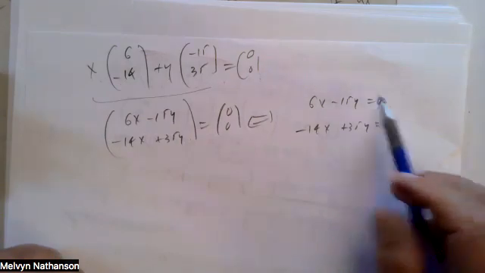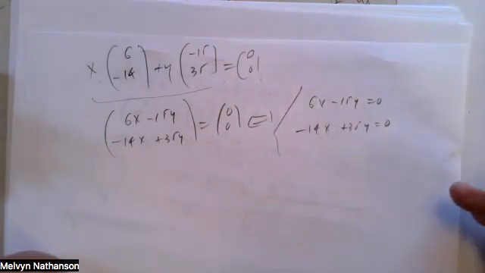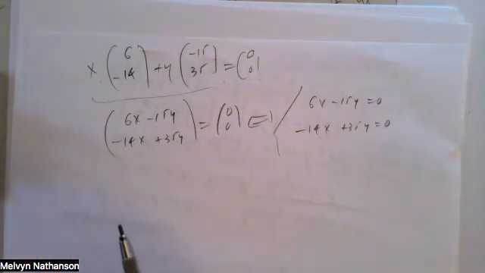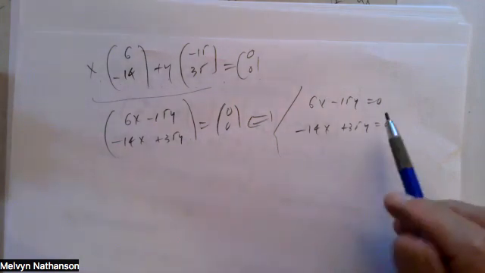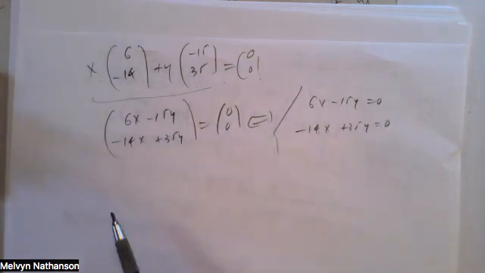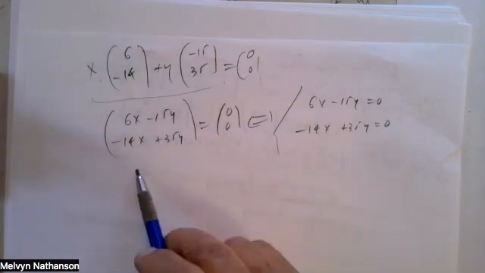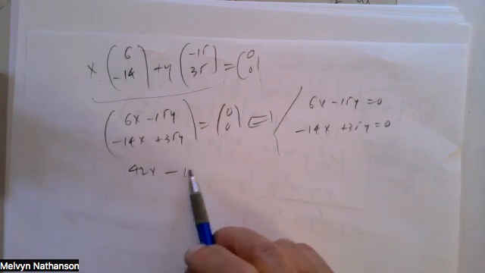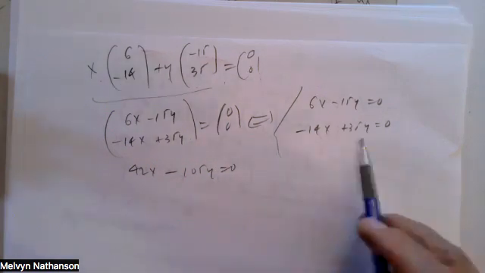So I want to solve these two equations in two unknowns. I can solve two equations and two unknowns any way that I learned in high school or in linear algebra. It doesn't matter. For example, if I multiply the first equation by 7, I would get 42x minus 105y equals 0.